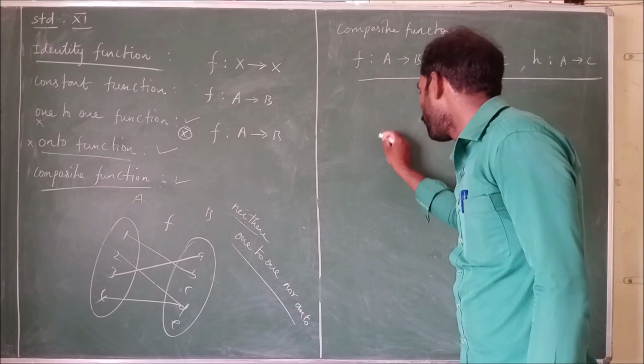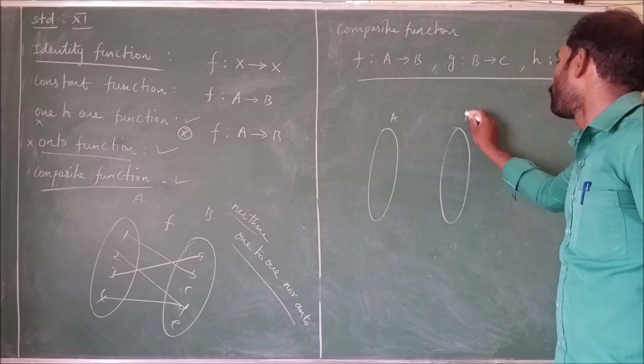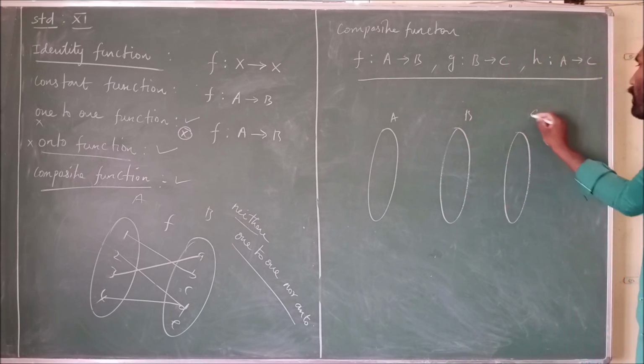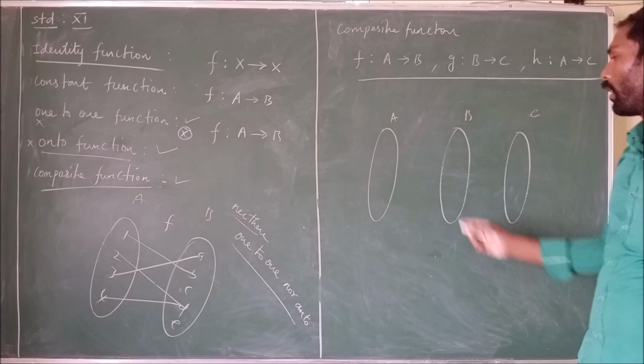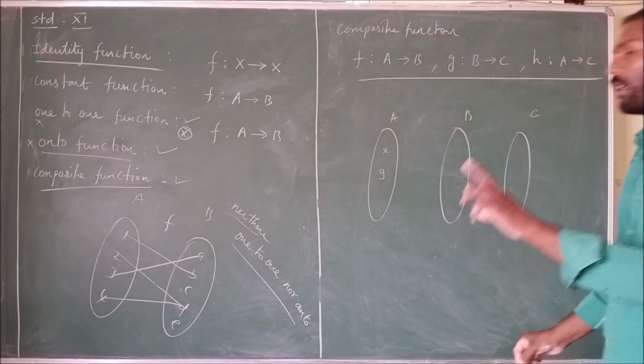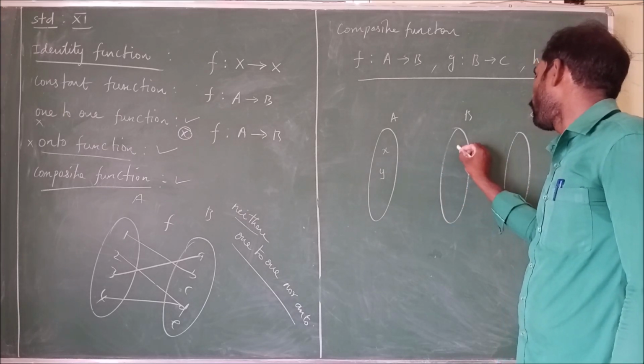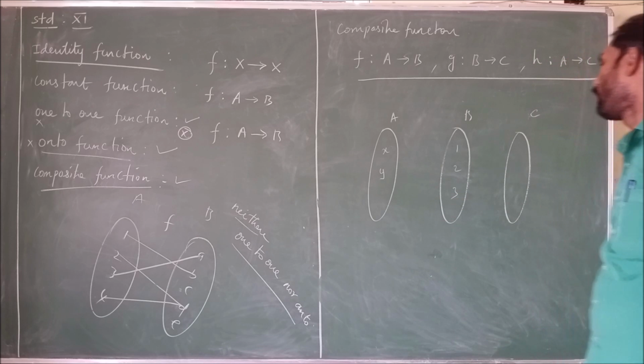So an example for this one: A, B, C. A is X, Y, for example, 2 elements. B is 1, 2, 3.